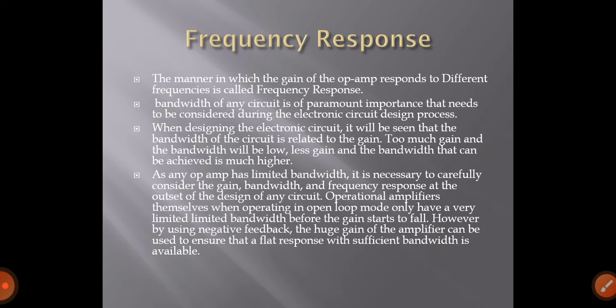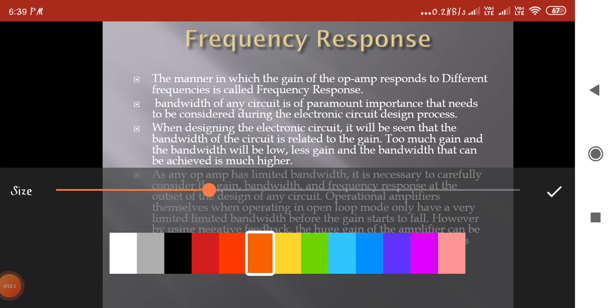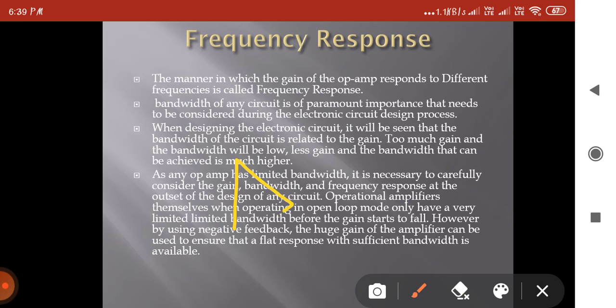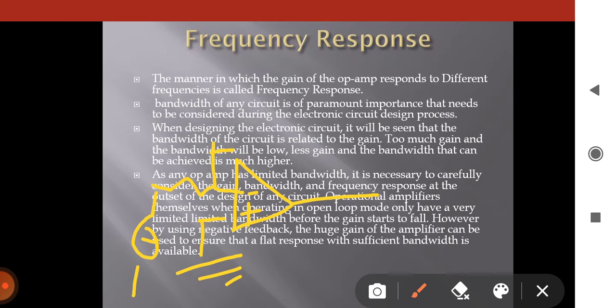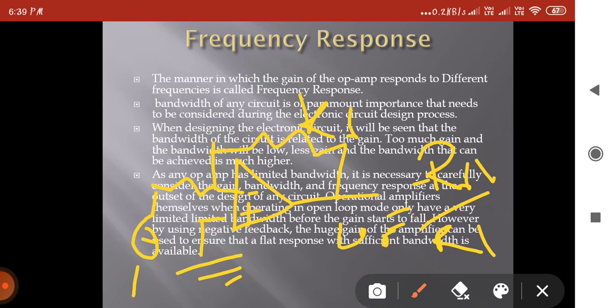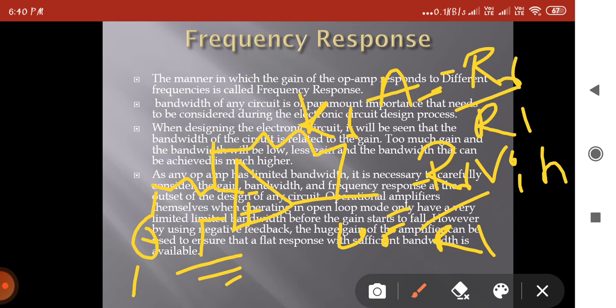The gain A differs between the closed loop and open loop configurations. Take an inverting amplifier with feedback resistor RF. The output Vo equals minus RF by R1 into Vin, so the gain A equals minus RF by R1.